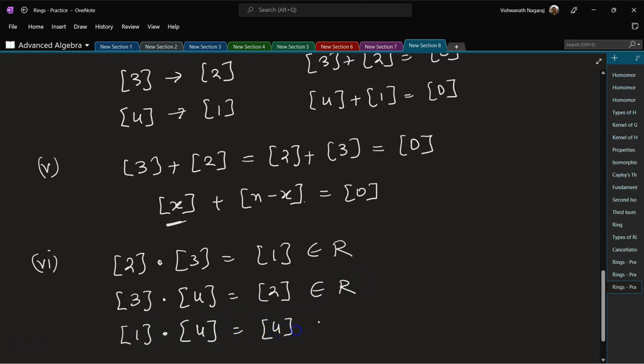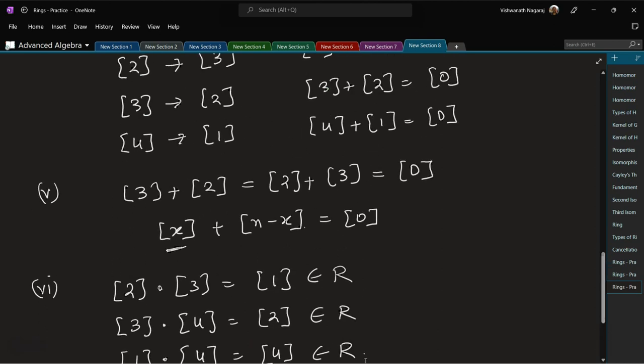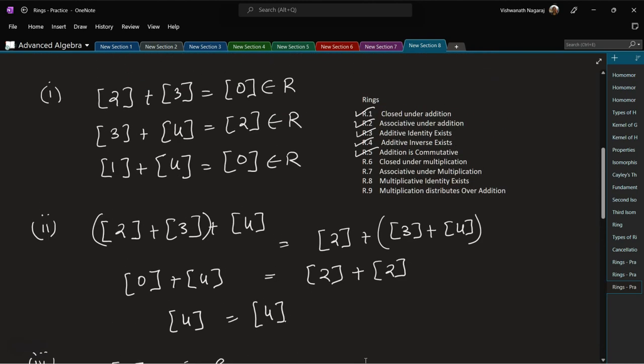So 4 mod 5 is 4, which also belongs to R. So it is closed under multiplication.